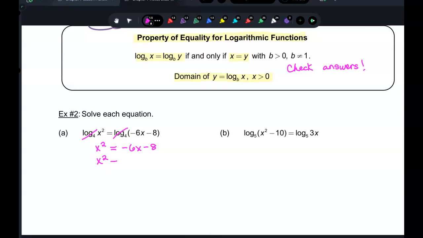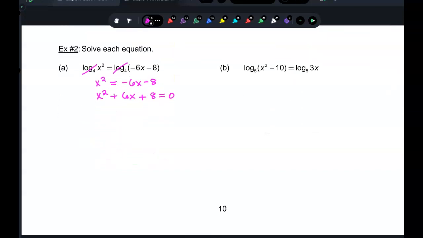So I have x squared plus 6x plus 8, so x plus 4 and x plus 2. So x equals negative 4 or negative 2.